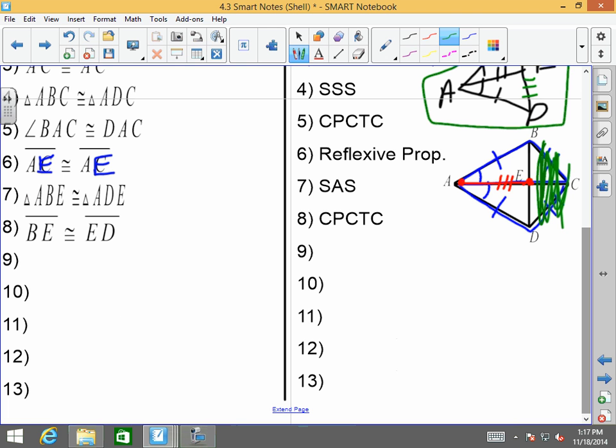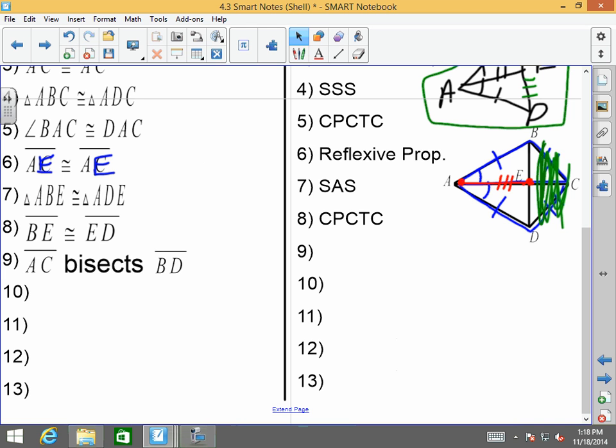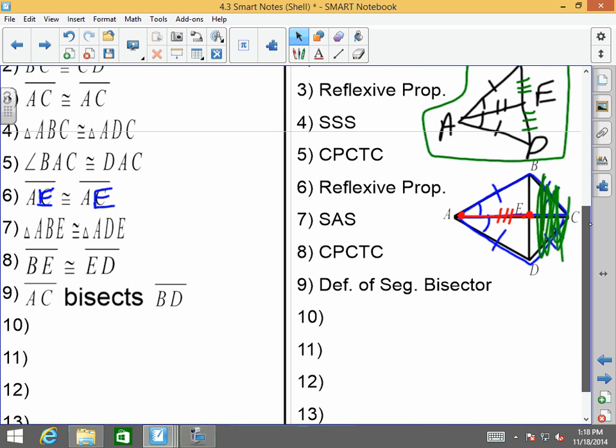Yes. Very good, my brother. Well, first, AC bisects BD. Why? Definition of segment bisector. Because remember what we had just finished saying.